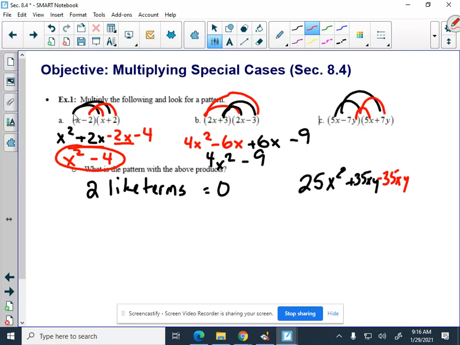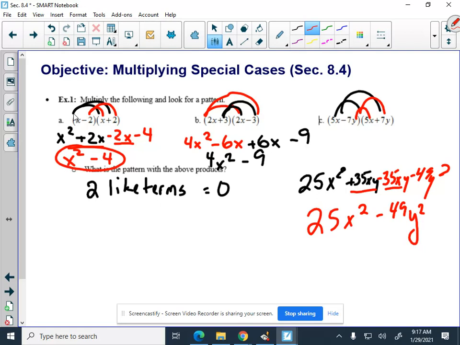Negative 7 times 7 is negative 49, y squared. But you notice, 35xy minus 35xy, those two like terms in the middle there add to 0. So we get 25x squared minus 49y squared.